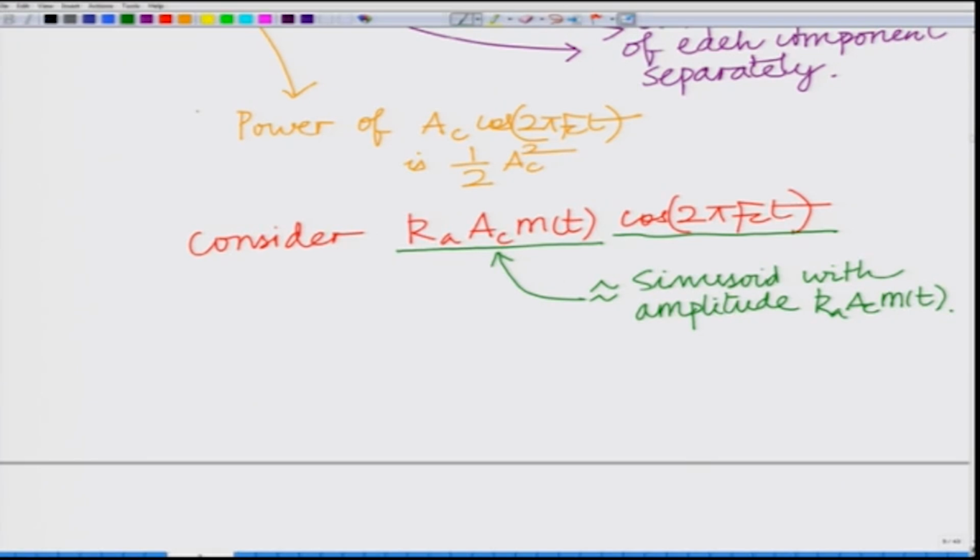Strictly speaking that is not true, because when you multiply m(t), a time varying signal, with a sinusoid, it is no longer a sinusoid.